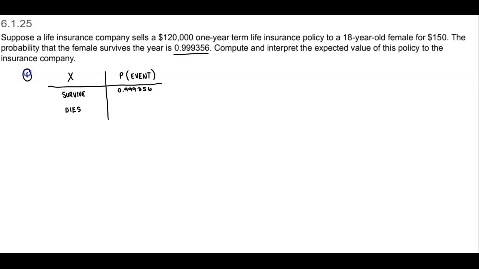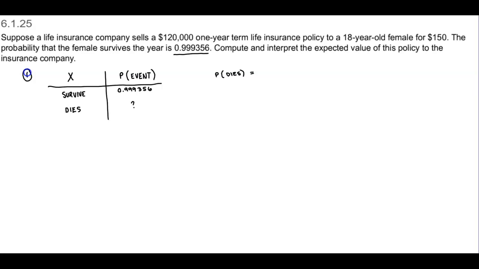Since there are only two possibilities, we know that the sum of the probabilities has to be 1.